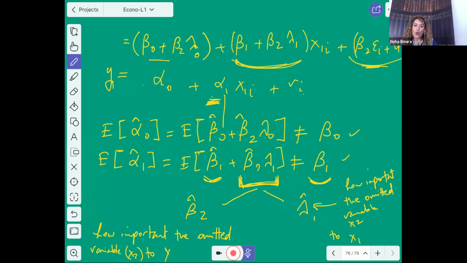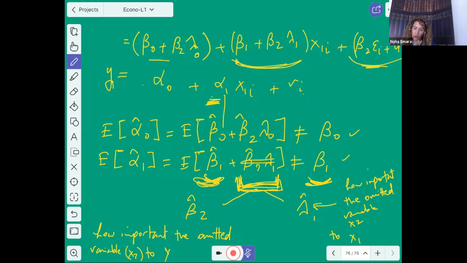So if I don't have this part, then I don't have any problem, right? Because the expectation of beta 1 would be equal to beta 1. This is what I need. But actually, because of omitting the variable x2, I'm running into a problem, or I have a certain additional part that is making my coefficient not equal to the truth.